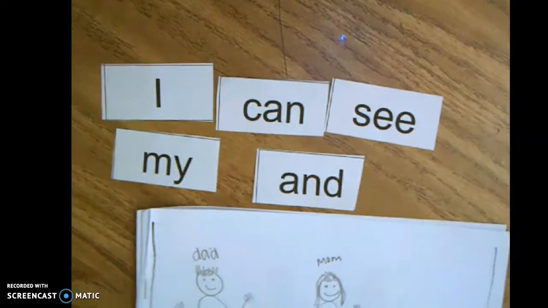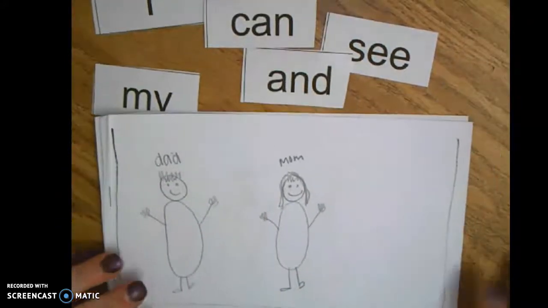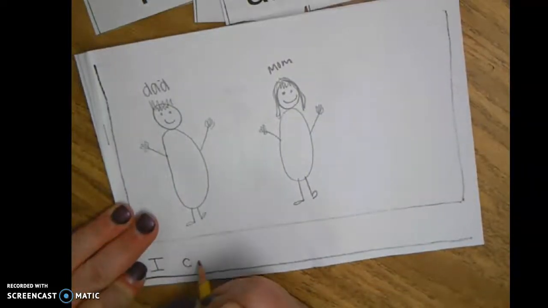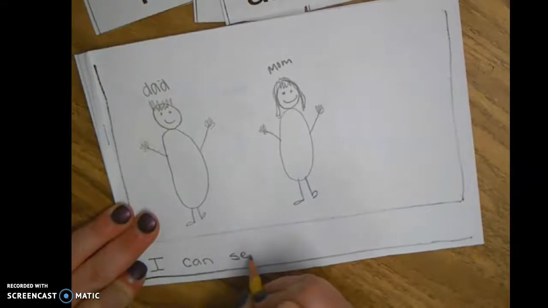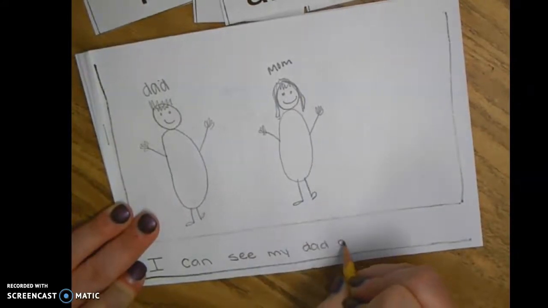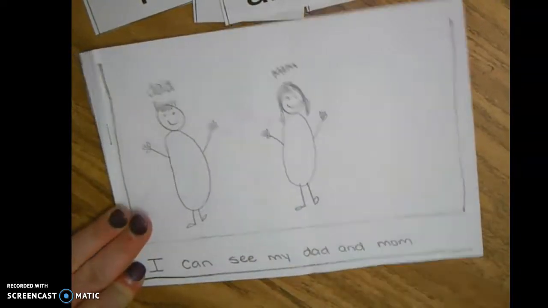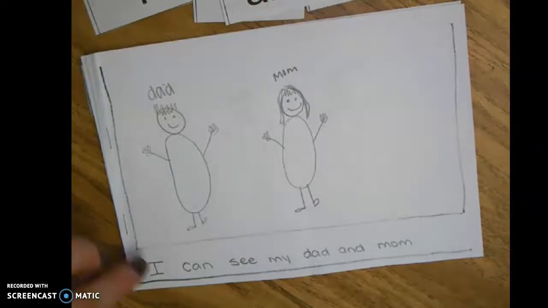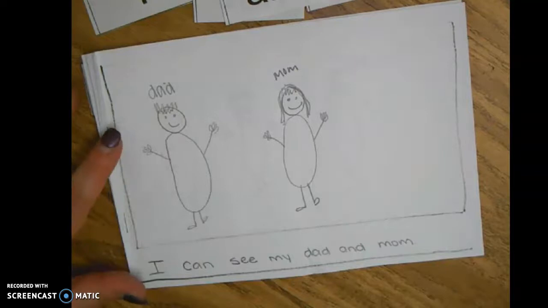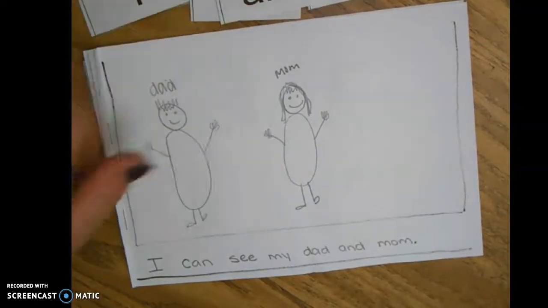Okay, so I'm going to write dad and mom on this page. So down here at the bottom, I can see my dad and mom. Okay, and I used 1, 2, 3, 4, 5 sight words. Okay, so I know how to spell the sight words because I have the sight word cards with me.